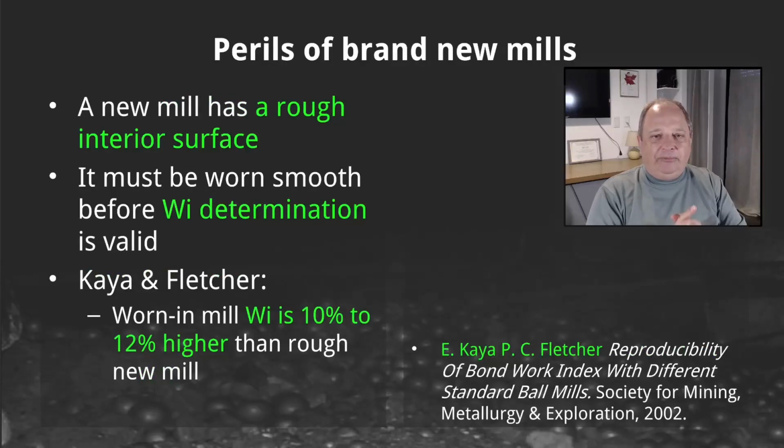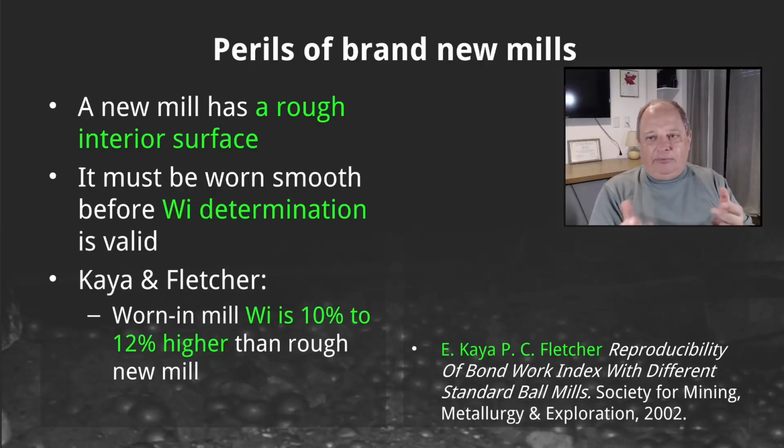One of my customers actually got caught out on this. A brand new mill from the equipment manufacturer, this is the laboratory apparatus, is going to have a rough interior surface. The lab must wear down that interior surface and make it smooth before work index determinations of that apparatus become valid.